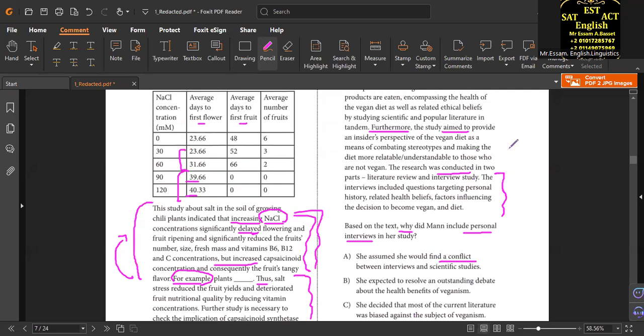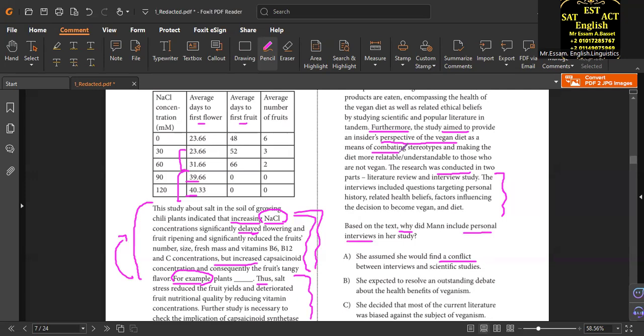No. She aimed to provide perspective of the vegan diet as a means of combating the stereotypes. Combating means to fight against stereotypes, and stereotypes means common beliefs between people. So she wants to prove that the common conception about vegan diet is wrong. So she needs people to know more about that.